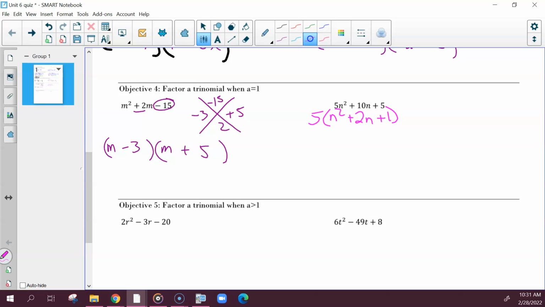Now the inside of this looks just like this other one, which means we're looking for two numbers that multiply to be 1, but add to be 2. 1 and 1. They would both need to be positive. We would bring down our GCF. We would still have our two factors, where n is the first term in both, and then plus 1, plus 1.